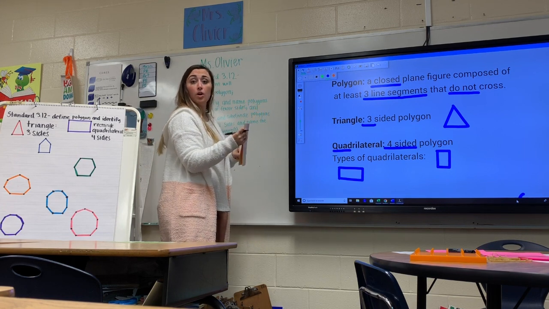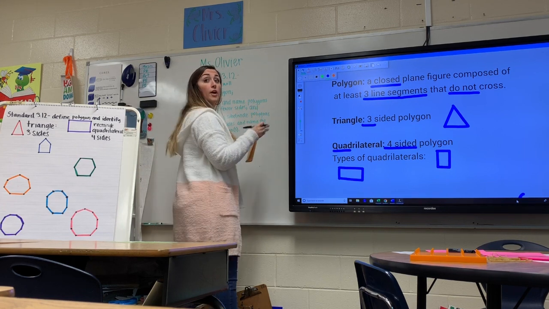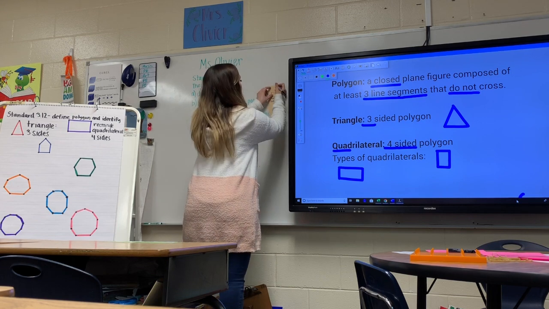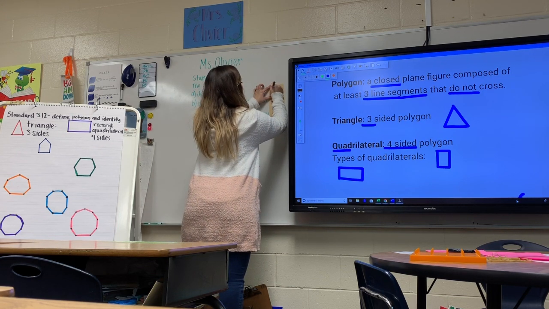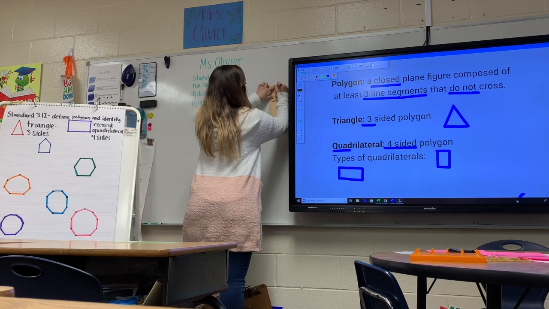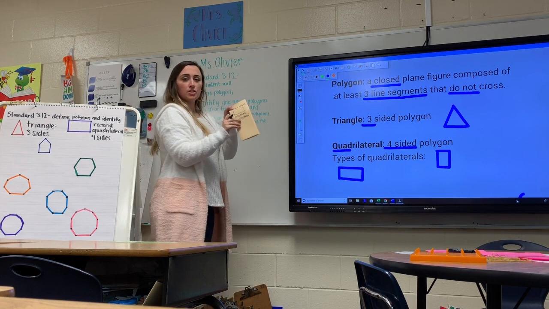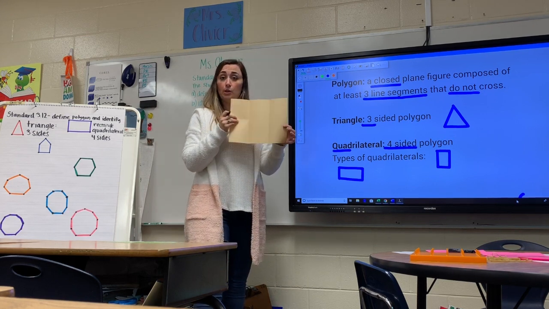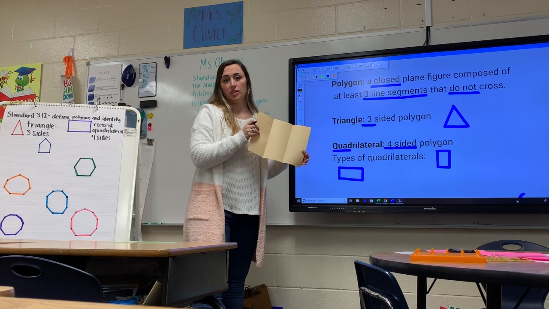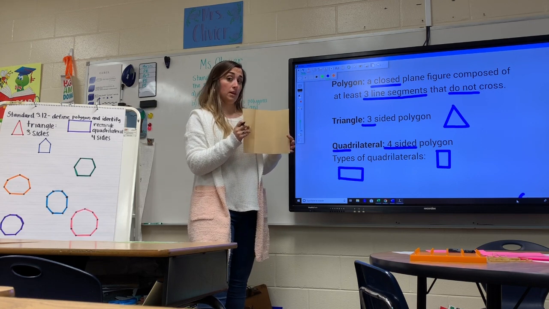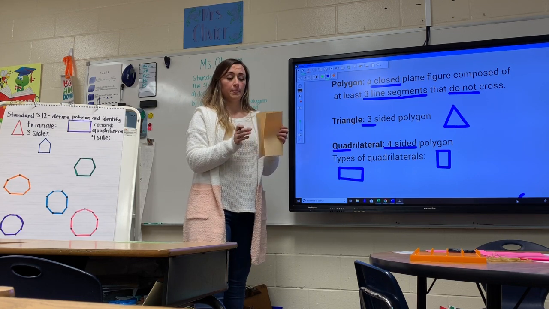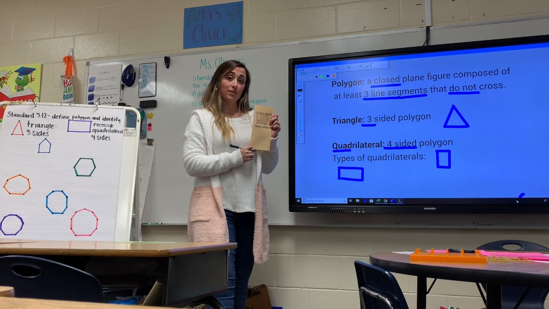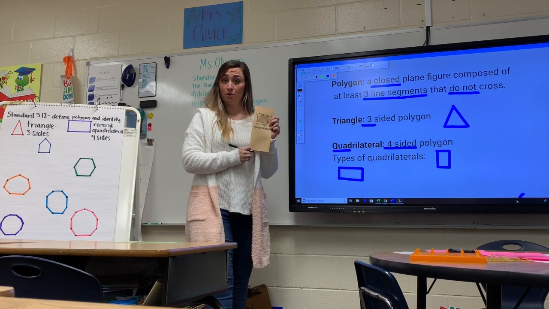That way I know what you are drawing and what you're identifying in the classroom. So this is the smartboard. So what I want you to do is fill up your pamphlet, your brochure, with everything that you can think of in this classroom that might be a polygon. Once you finish your pamphlet, raise your hand and I'll come over and check it out.